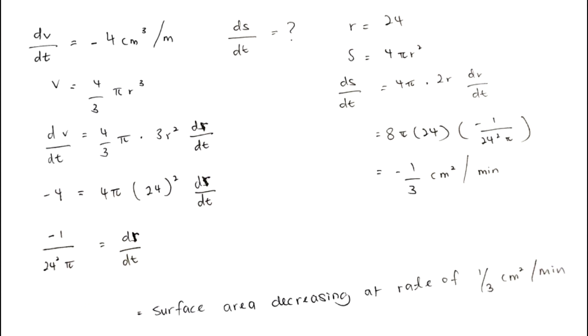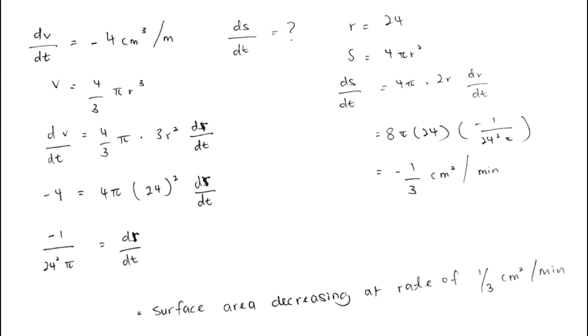We will move to the right side. We find dS over dt equal to 4 pi times 2r dr over dt, so 4 pi times 2r we can get 8 pi r dr over dt.